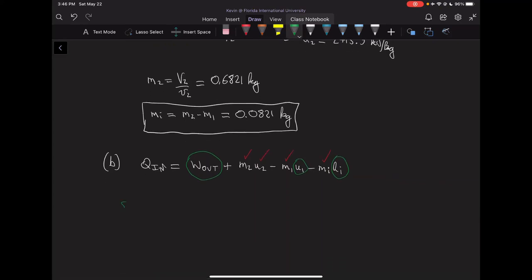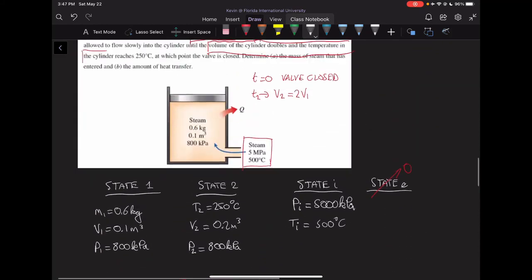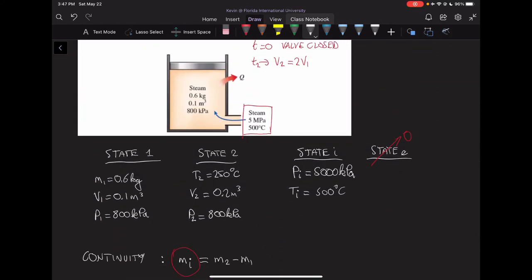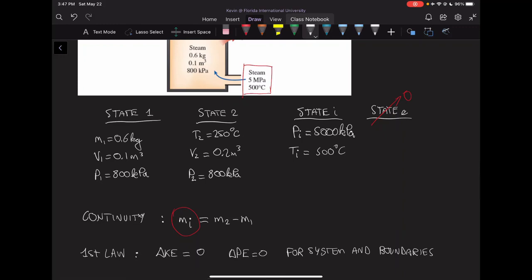So at state 1, we have that pressure 1 is equal to 800 kilopascals. And we have a second term that we can find at state 1, it's our specific volume.